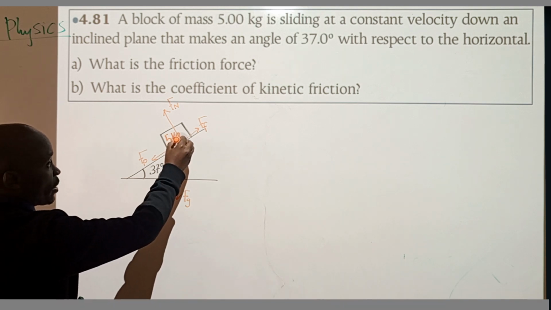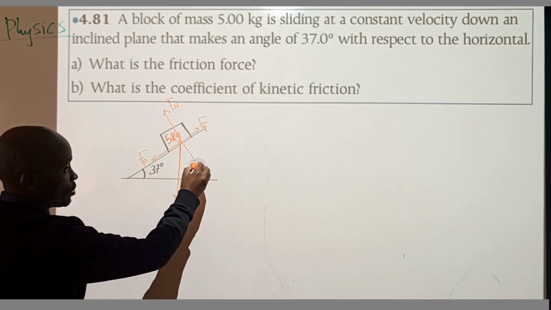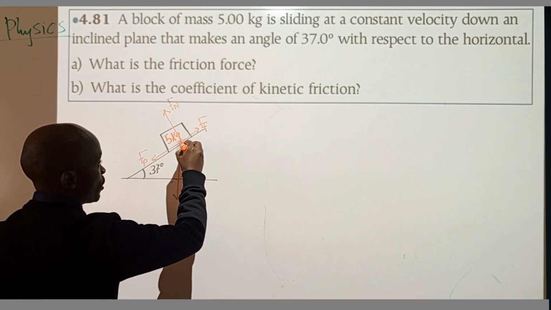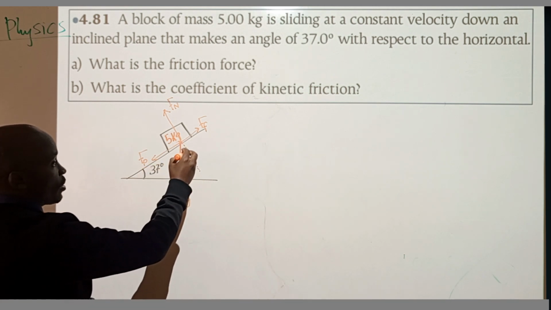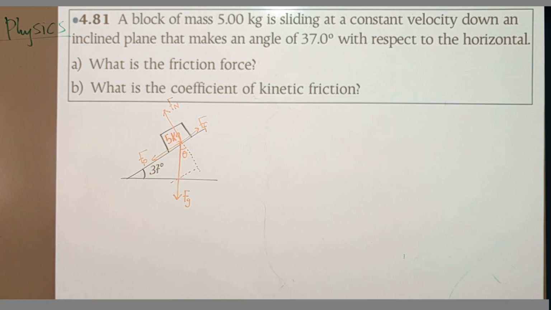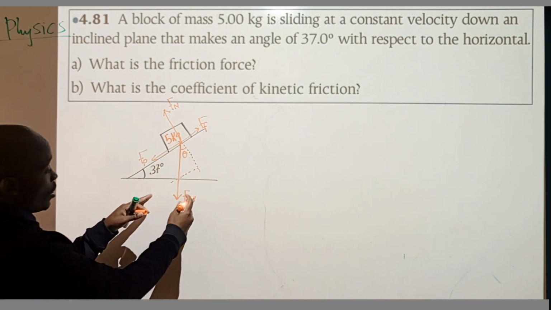And therefore, if we join these forces, we will have them as follows. This angle we see is the same as this angle here, which for now we call theta.